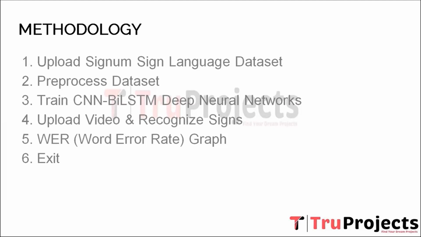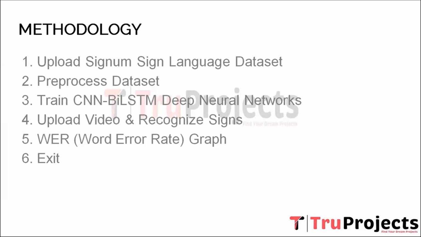Second, pre-process the dataset. Data pre-processing is a crucial step in building any machine learning model. In this context, pre-processing the Signum sign language dataset involves various tasks to make the data suitable for training a neural network.